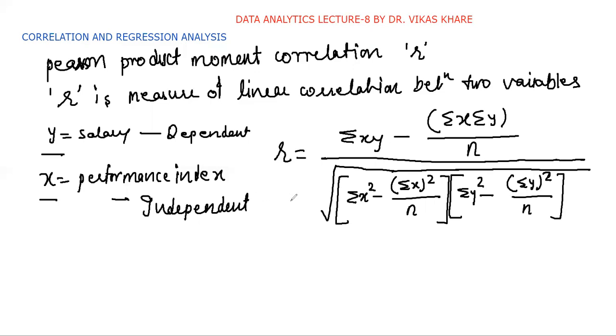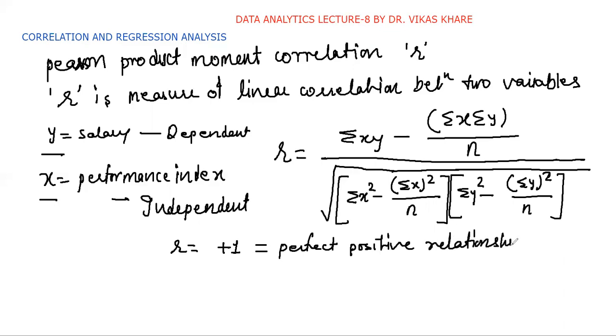So small r is the Pearson product moment correlation coefficient, and according to the range, if the value of small r is +1 or near to +1, this is called a perfect positive relationship.